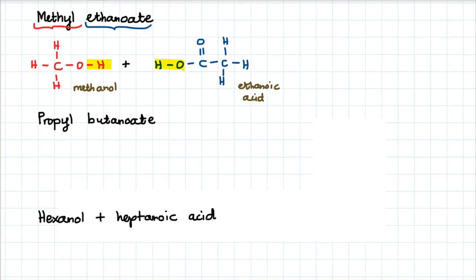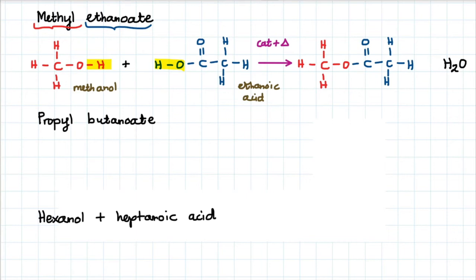These atoms are going to react together to form the byproduct, which is H2O, also known as water. And then the rest of the substances are going to react together to form the ester. Methyl ethanoate therefore looks like this. This part comes from the alcohol, and this section over here comes from the carboxylic acid.